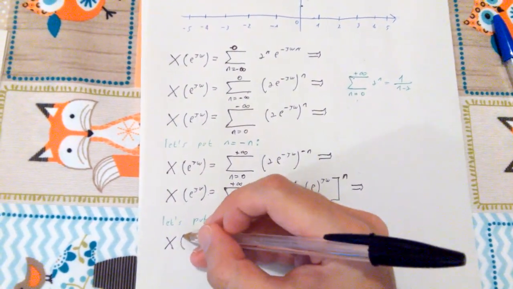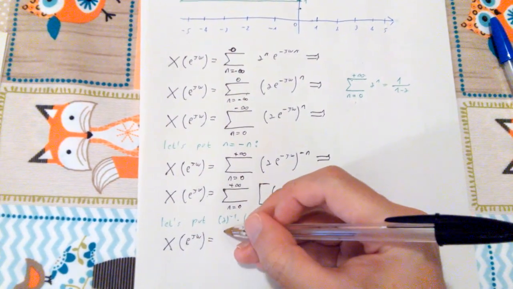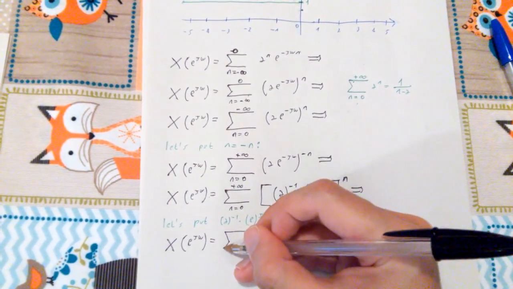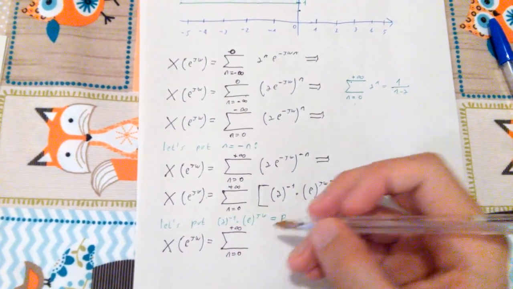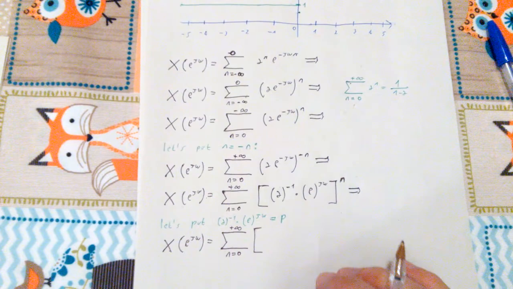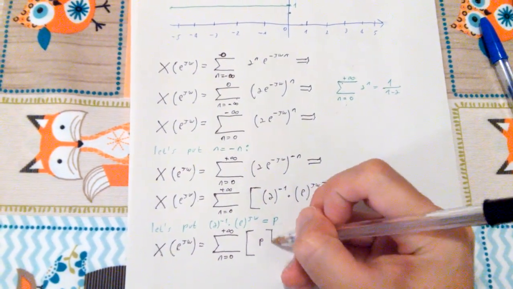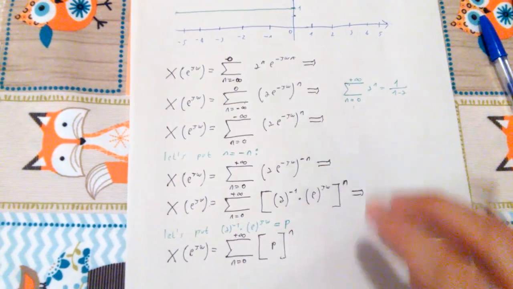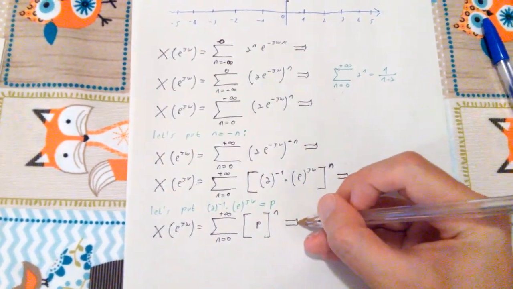So capital F of e to the j omega equals the sum of n that goes from 0 to positive infinity of, well, p to the n. But we know what this is because we can use this formula here once again.